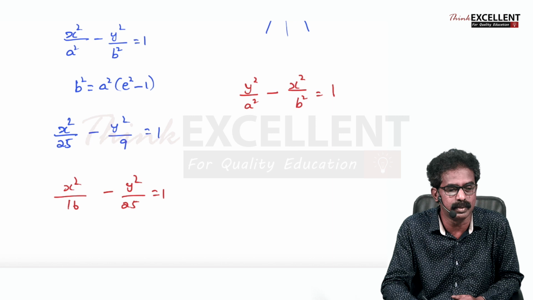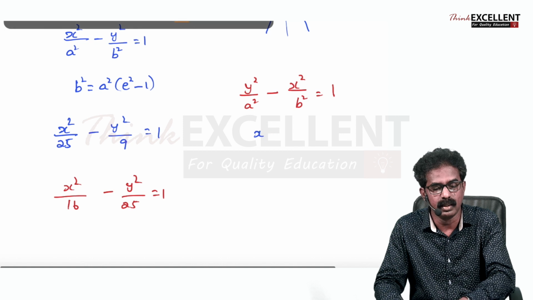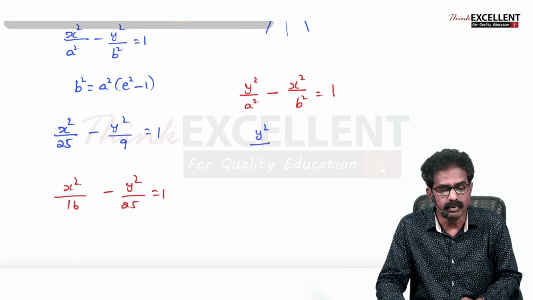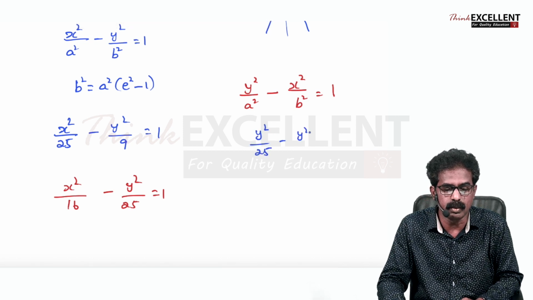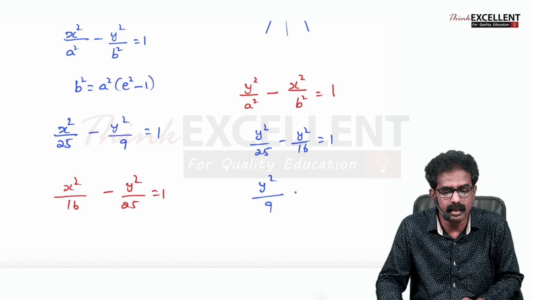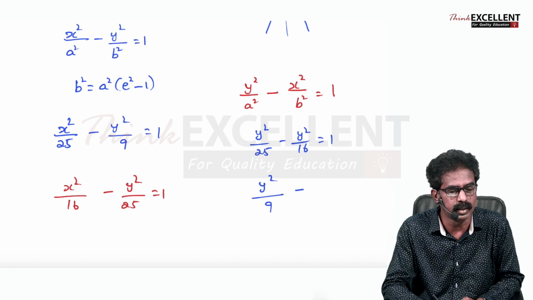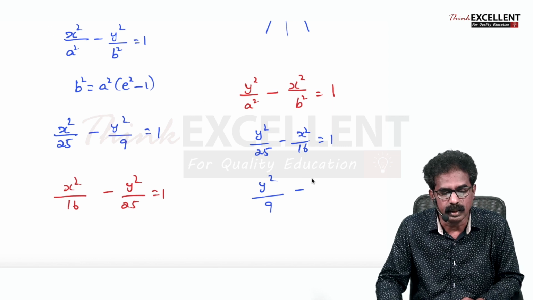For example, suppose the question is y square by 25 minus x square by 16 equal to 1, or y square by 9 minus x square by 25 equal to 1.